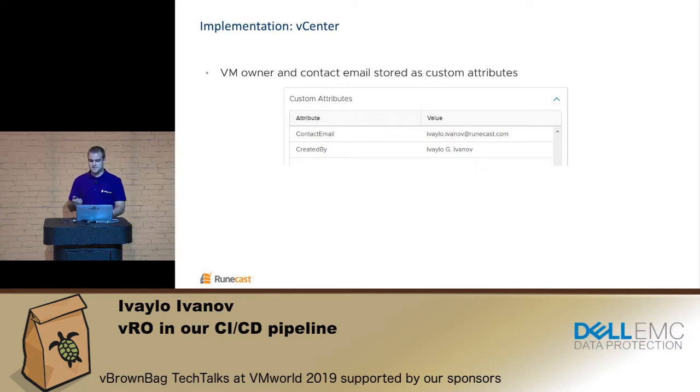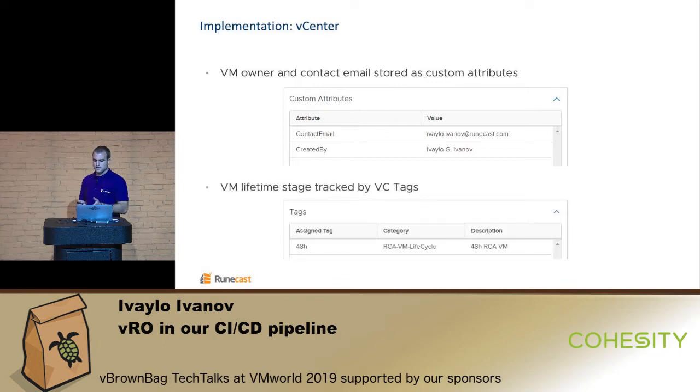From vCenter's point of view, I created custom attributes where we will store who created the virtual machine and what's the contact email for this person. The VM lifetime is tracked by vCenter tags. So we will have tags for each of those time frames: 24 hours, 48 hours, unlimited, and actually there is one more tag which is called cooldown.